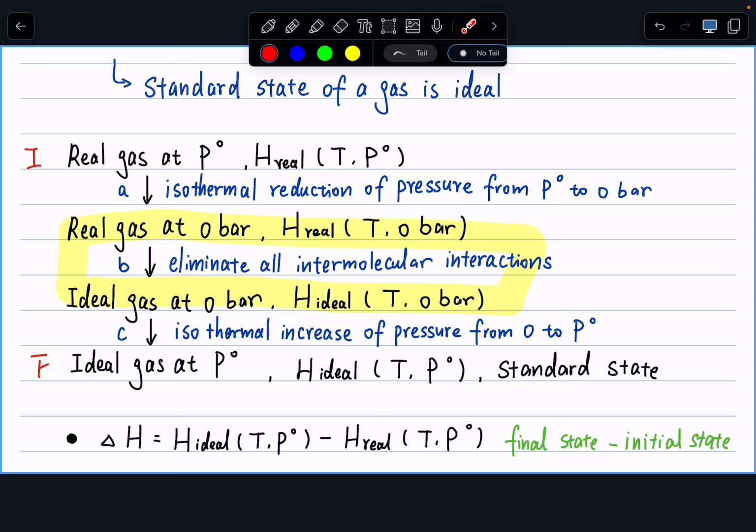And obviously, the last step is to raise the pressure back from 0 bar to P naught. So we end up having what we want, right? Initially we have H of real gas at T, P naught. And at the end, we have H of ideal gas at T and P naught.